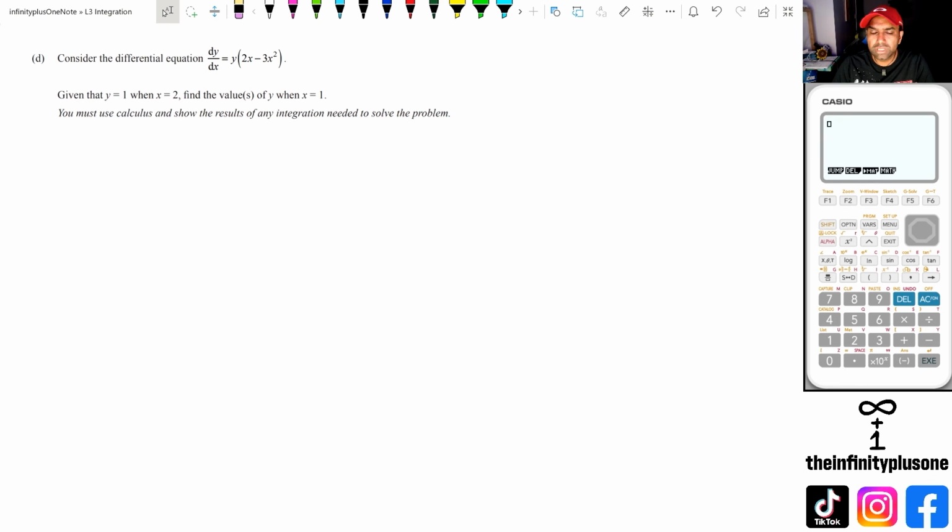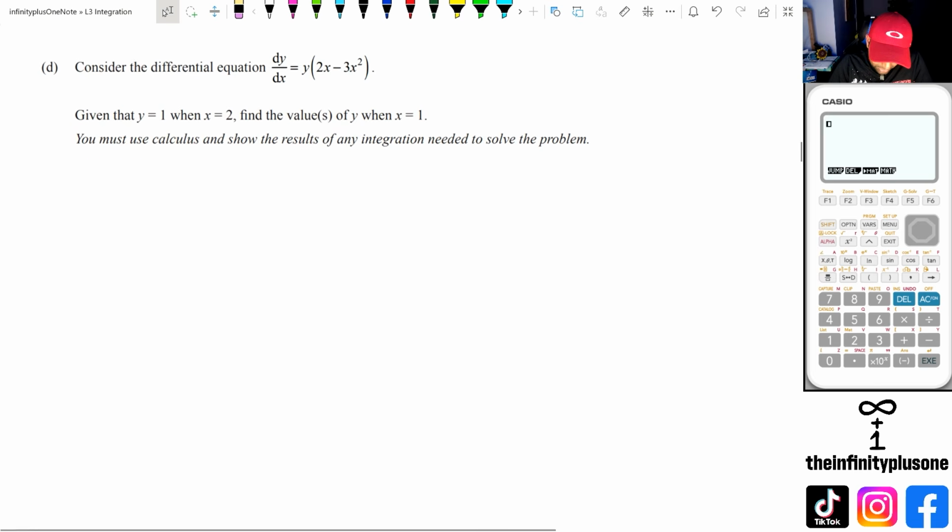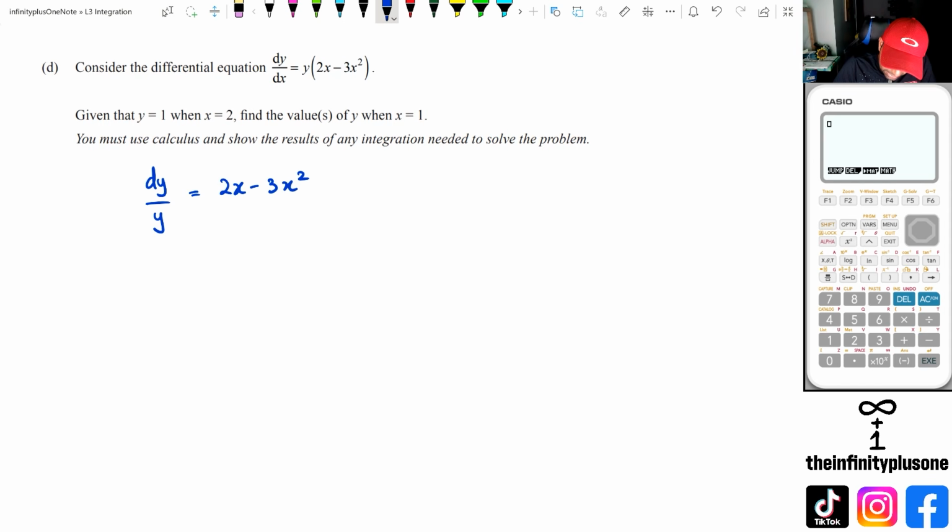All right, so with the next question, what we've got is consider this differential equation. They're given that y equals 1 when x equals 2, find the value of y when x equals 1. All right, so what we're going to do is we are going to separate the y's and the x's. So this will become dy divided by y equals 2x minus 3x squared dx.